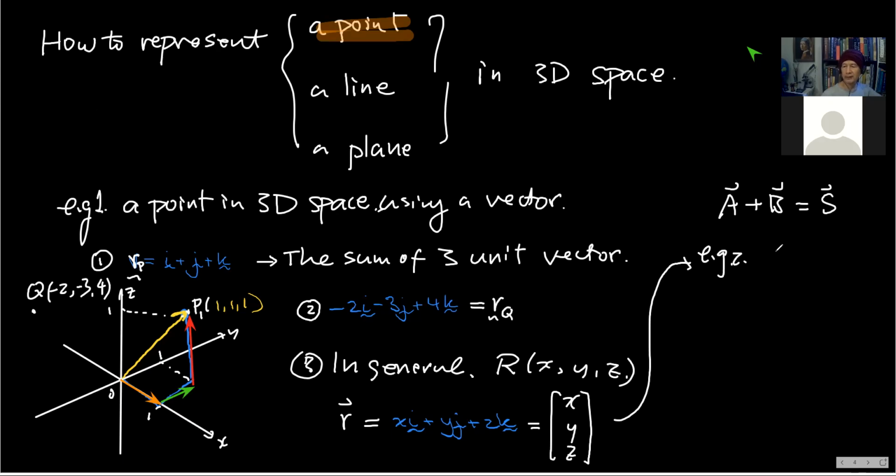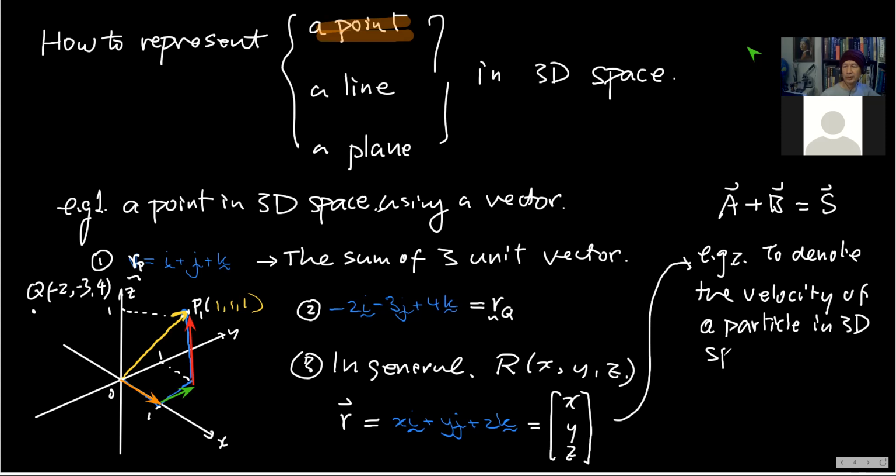How to define the velocity, to denote the velocity of a particle, a moving particle, in 3D space. Do you want to try?